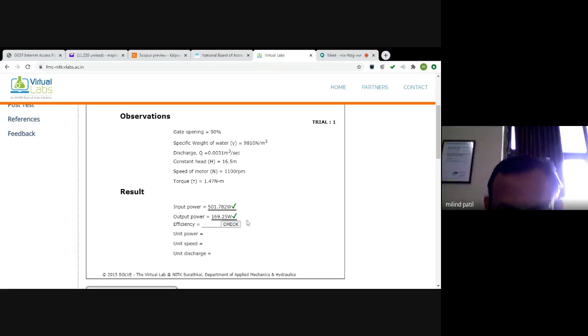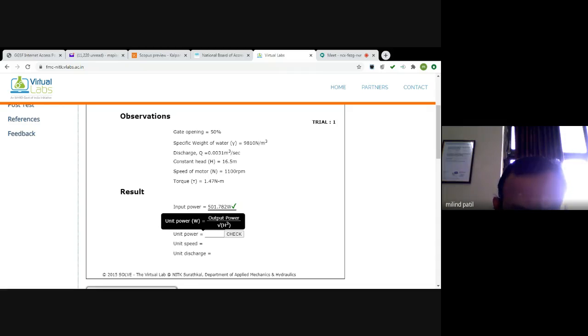Take the answer correct. Calculate efficiency, output power upon input power. The answer is 33.76%. Pick your answer. Answer is correct.